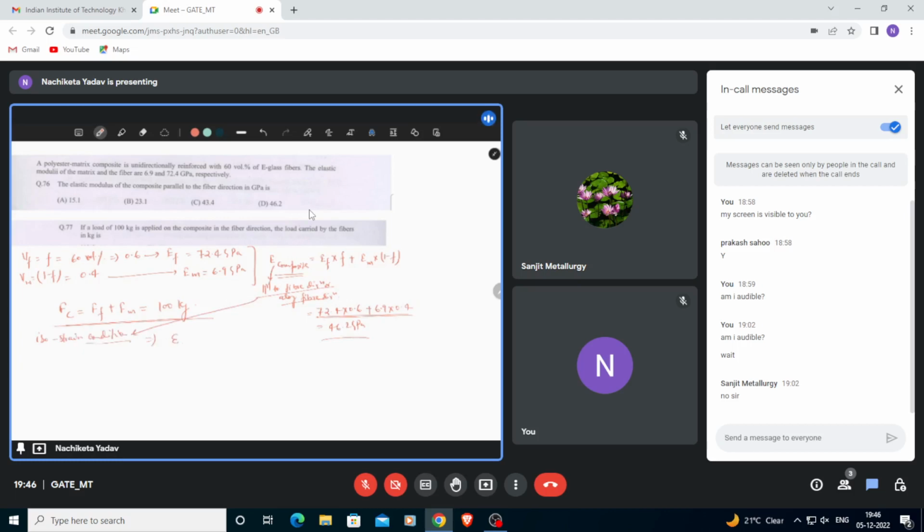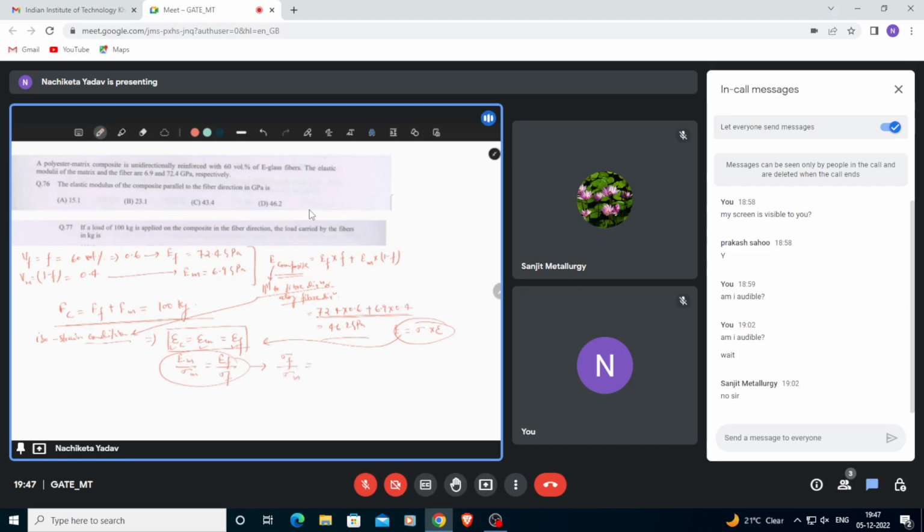So epsilon composite will be equal to epsilon M equal to epsilon F: strain in composite, strain in matrix, strain in fiber. And we know from Hooke's law, elastic modulus equals stress by strain. So from here you can write sigma M by EM equals sigma F by EF, so sigma F by sigma M.